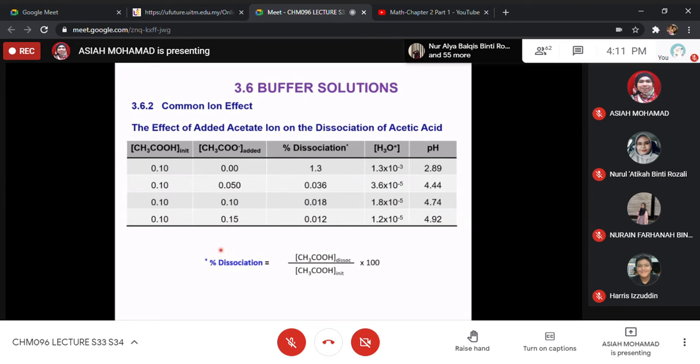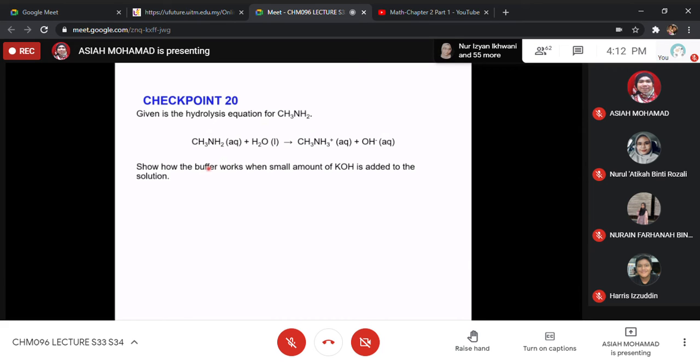The percentage of dissociation can be calculated by using this equation: the concentration of acetic acid dissociated divided by the initial concentration of acetic acid, multiplied by 100. This is Checkpoint 20. You can try it.